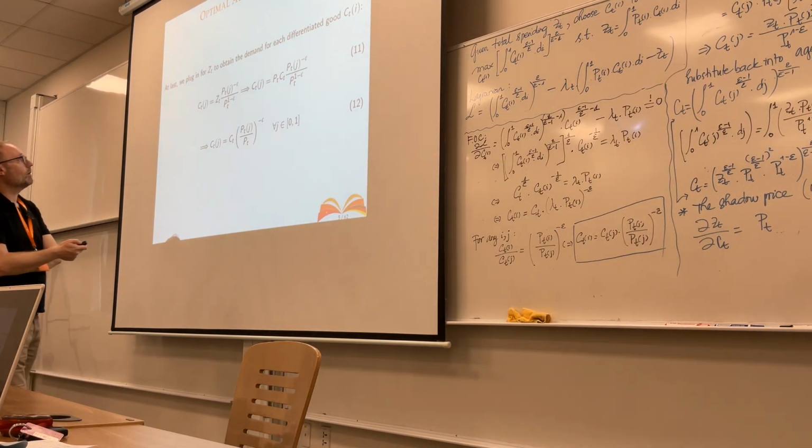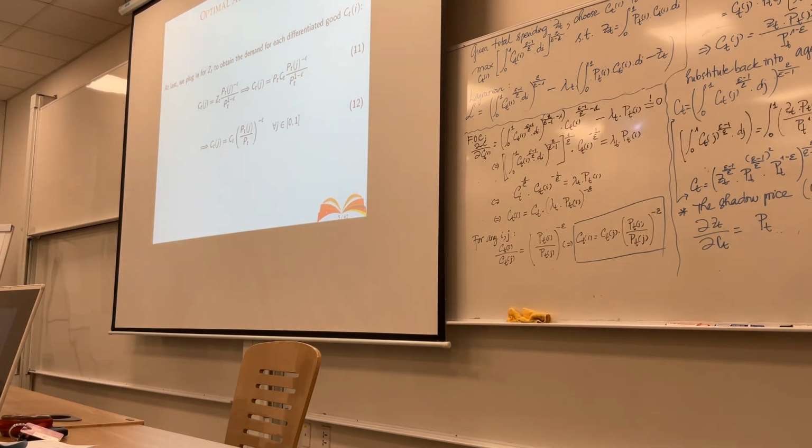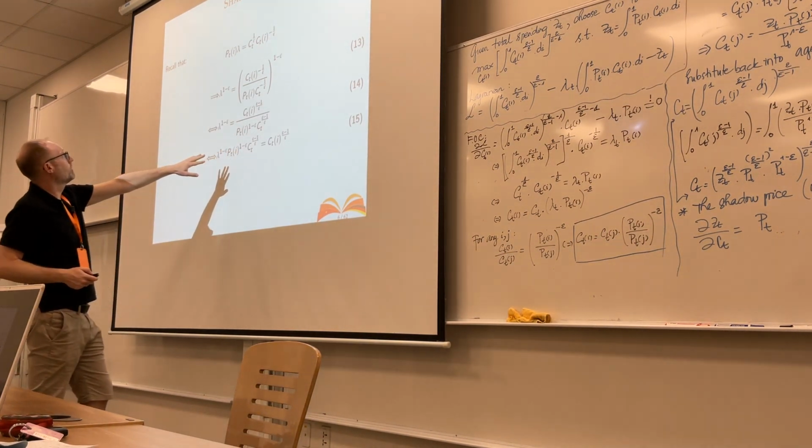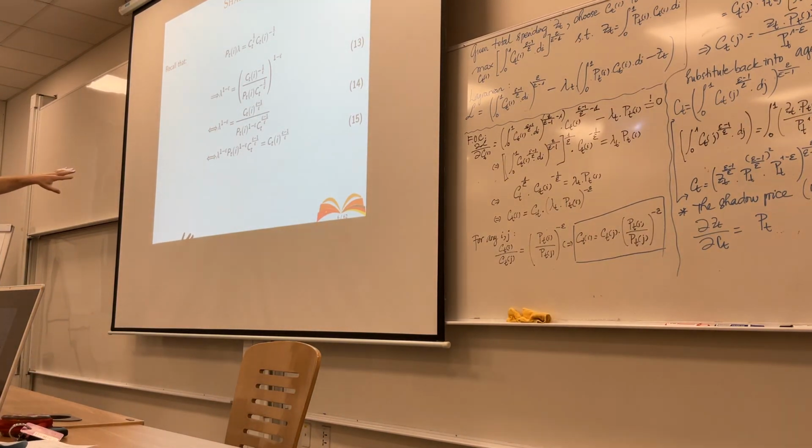Now, what I did, you can now use this to go from the relative demand between two goods to relative to the aggregates. And then once you have that, you can replace this here.